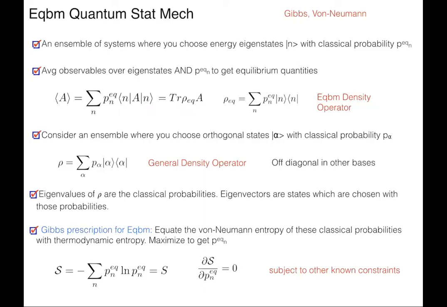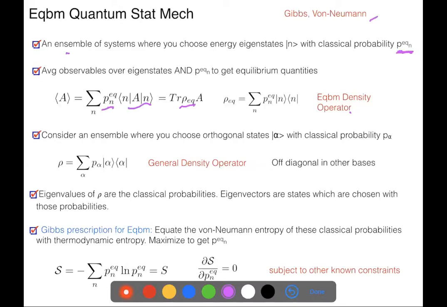And then Gibbs gives you a prescription for equilibrium: find P equilibrium of n. That prescription is that you look at the von Neumann entropy of these classical probabilities, P eq n, and equate it to the thermodynamic entropy of the system.